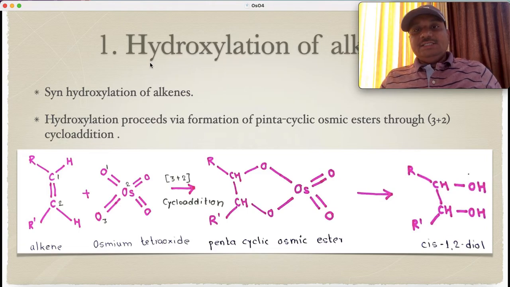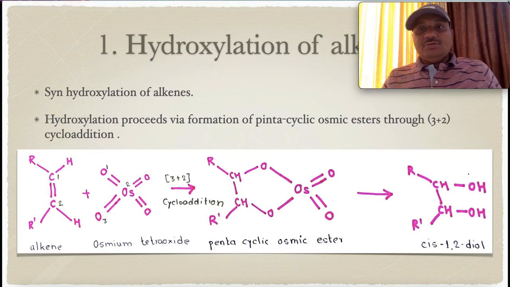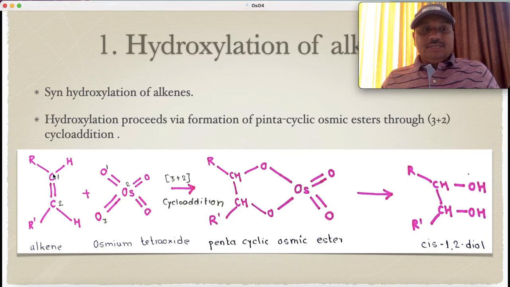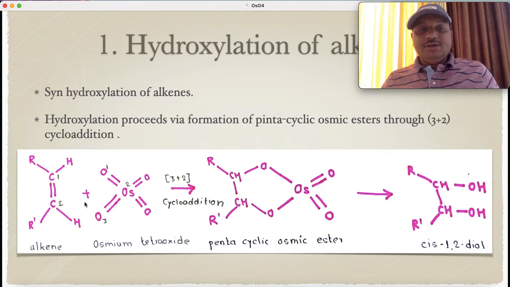The first synthetic application is the hydroxylation of alkenes. An alkene, that is a compound containing a carbon-carbon double bond, on treatment with osmium tetroxide gives the cis-1,2-diol.